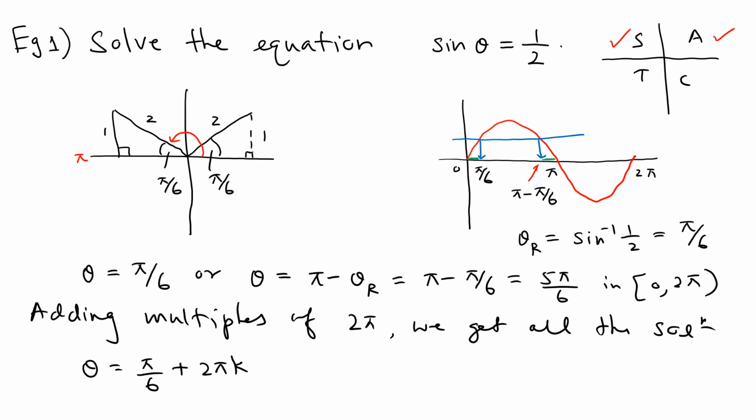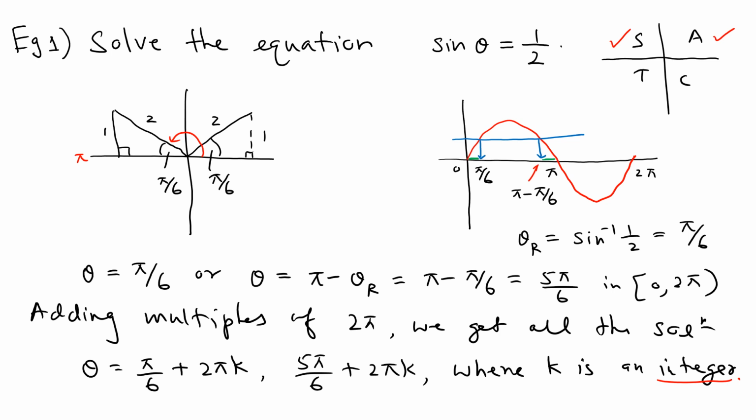That means if you add 2 pi, you get the same sine. Or the other value is 5 pi over 6 plus 2 pi k, where k is an integer. So it's an integer multiple of 2 pi. That's what we did. We add an integer multiple of 2 pi. So this gives you all the solutions of this equation. So this is how you solve the first equation.